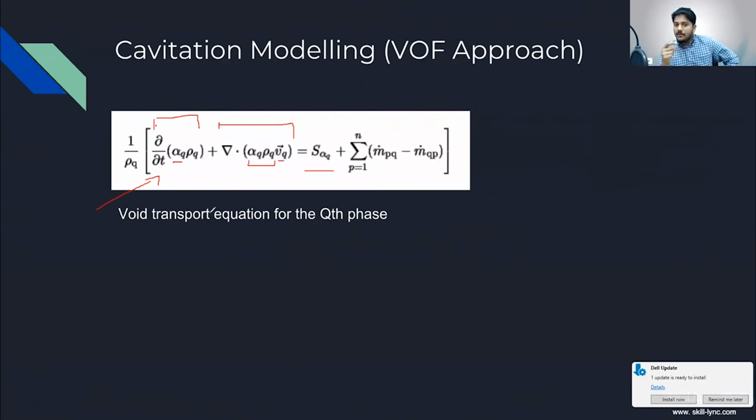Q is the number. If Q is 1, that means you just have 2 phases. If Q is 2, then you have 3 phases. All right, actually, let me take it back. Let us put it simply. If Q is 2, then you have 2 phases. If Q is 3, you have 3 phases. All right, so this equation will basically help you understand how your bubbles are formed, and you solve it along with your CFD equations.